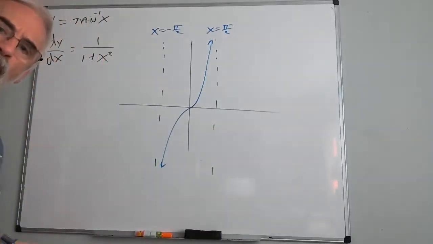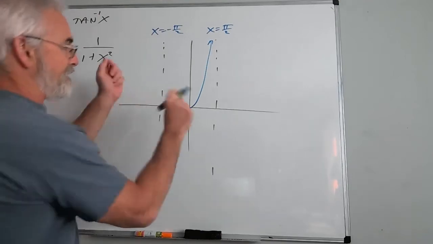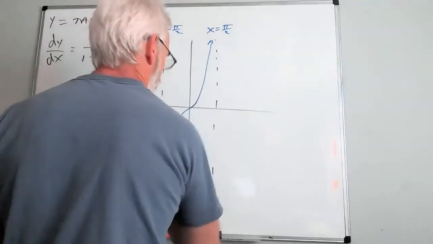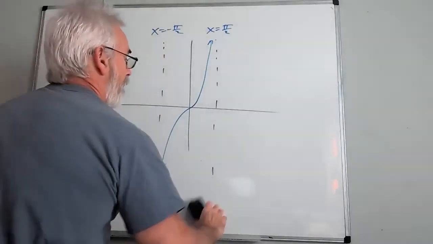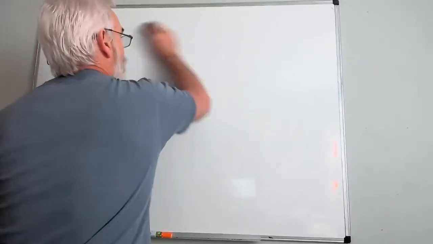So if I said then, what does the inverse of this look like? Well, remember, an inverse function is you flip it over the line y equals x. So I'm going to rewrite this now as the inverse. And the inverse is actually very, very simple to draw.